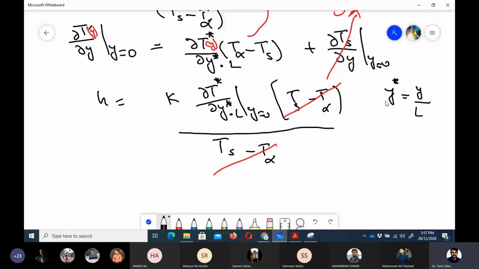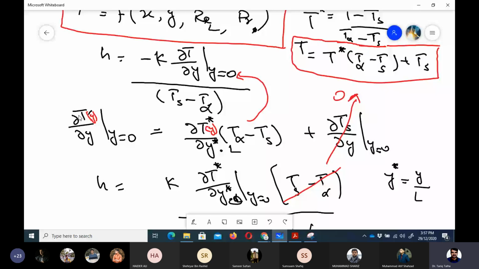But when I put partial y star, because I am dividing by a length here, I need to also multiply by it, so here it would be L as well, in the denominator. Do you understand from where this length came? Because if I take you back here, when I take partial T by partial y, I need to write partial T star divided by partial y star. So in order to put y star, I need to divide y by L to get y star.